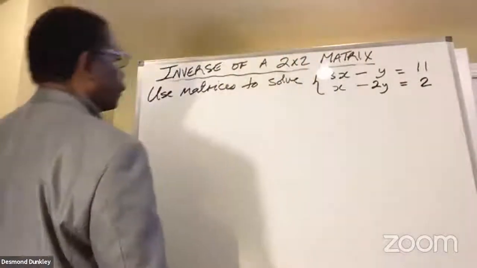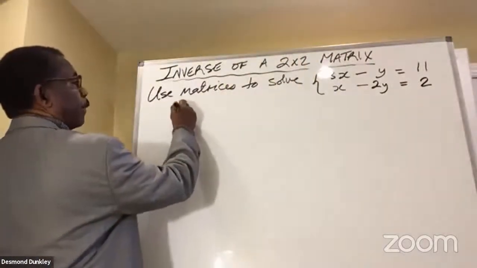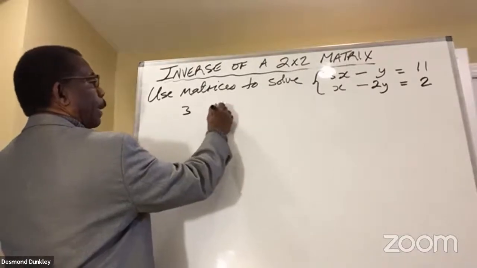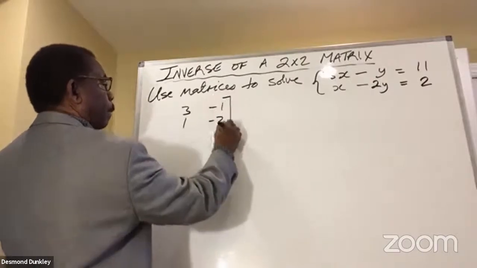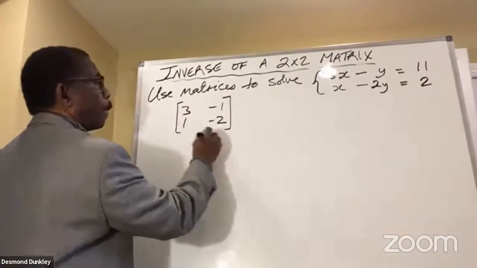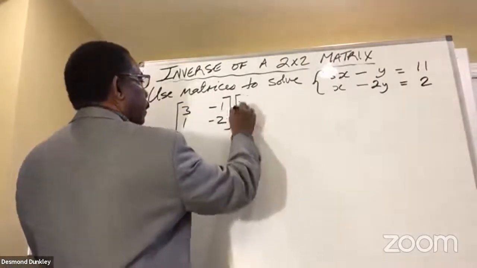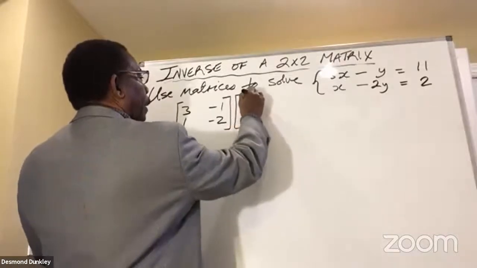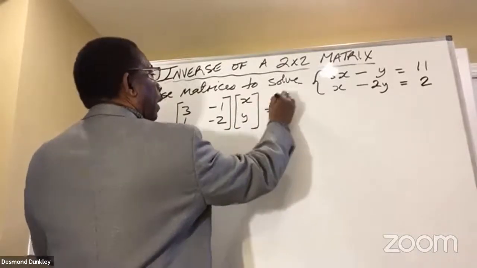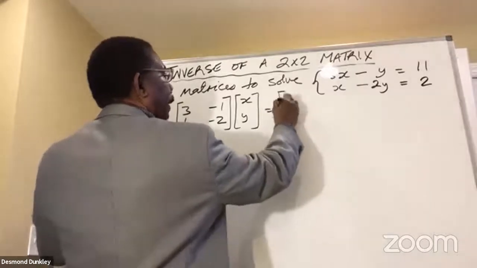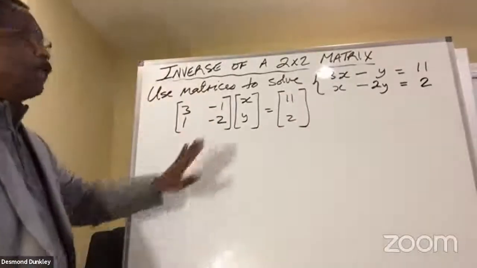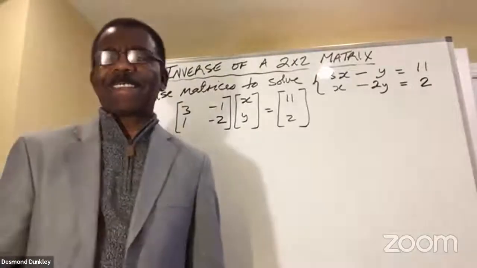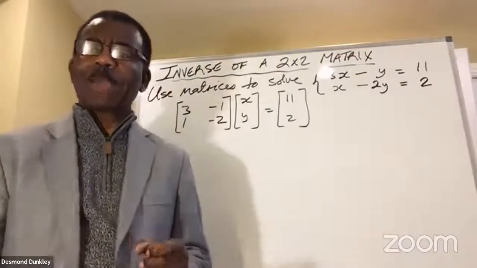So here we go. It's going to be 3, -1, 1, -2, times x, y, equal to 11, 2. This is called a matrix equation.